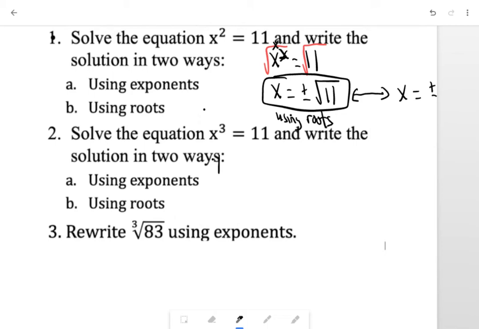The only difference is instead of writing square root of 11, I will write 11 to the power of 1/2. This is the solution using exponents. So I actually did part B before I did part A. That is all you had to do for number 1.